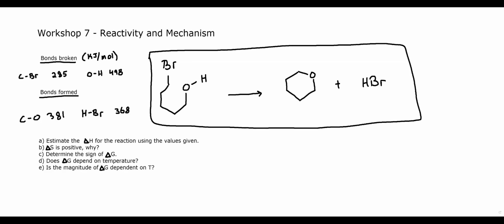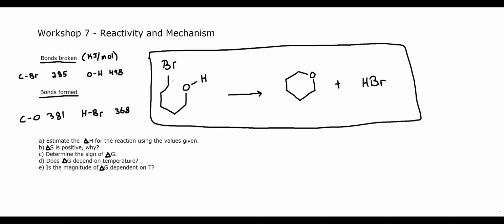The first question, A, says estimate the delta H, the change in enthalpy, for the reaction using the values given. So we have the delta H's for the different bonds that are being broken and being formed here.